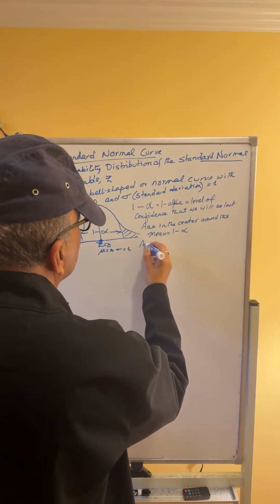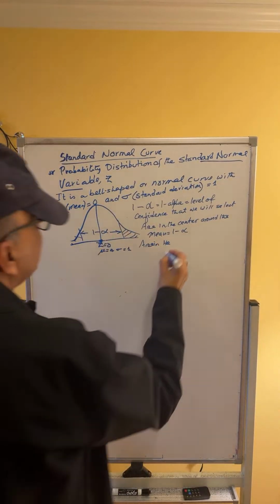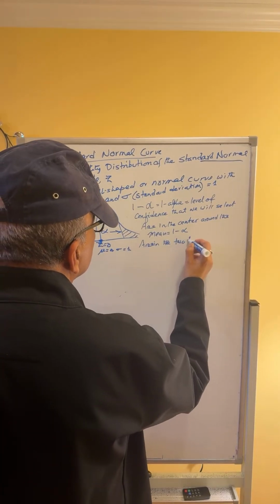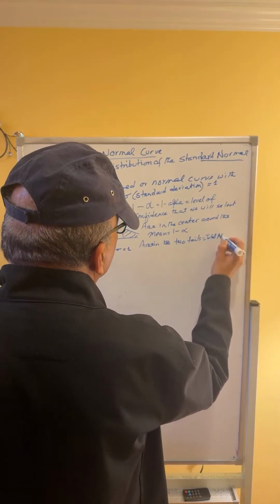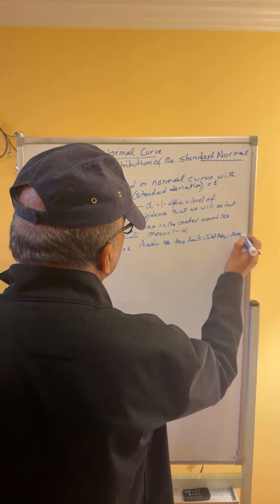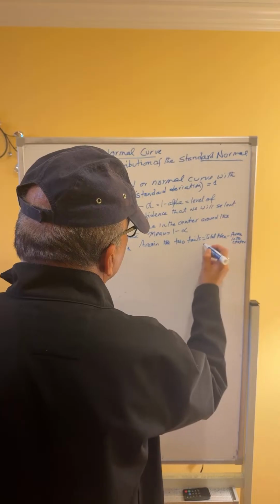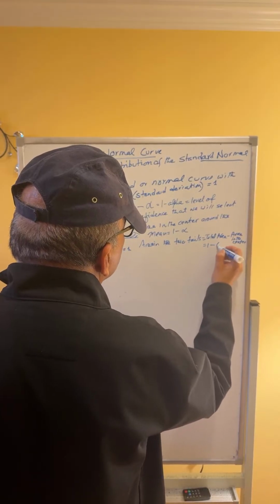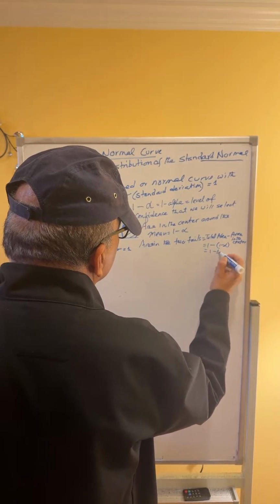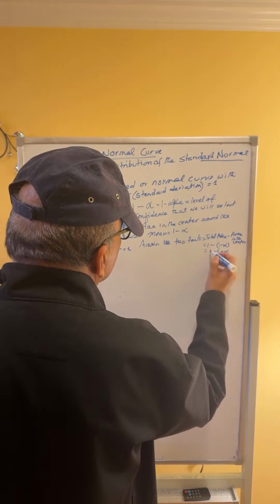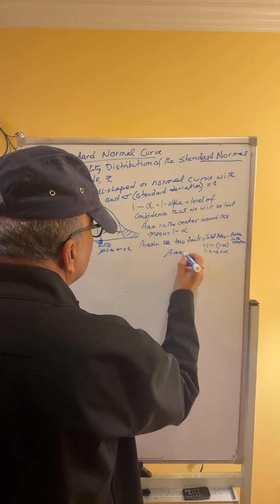The area in the two tails is the total area minus the area in the center. So total area is 1 minus the area in the center, 1 minus alpha. When you distribute the negative sign, you get 1 minus 1, and the two minuses make a plus. So the area in the two tails is alpha.